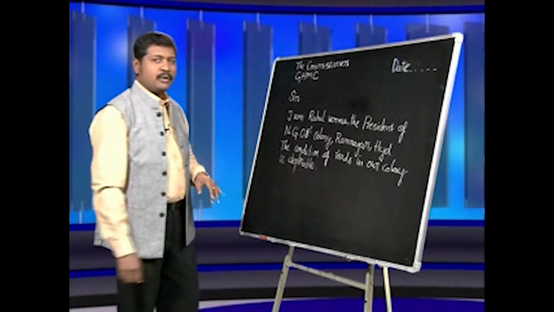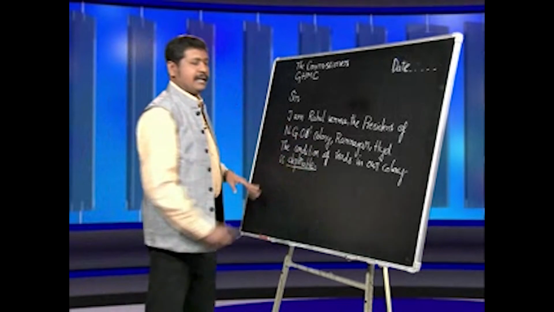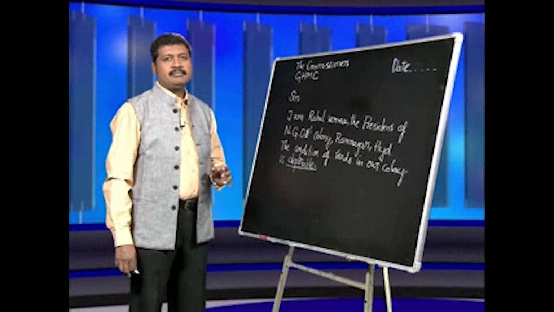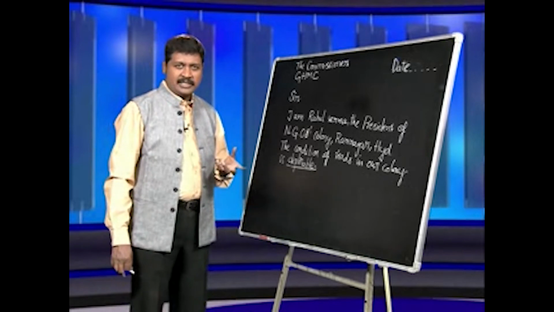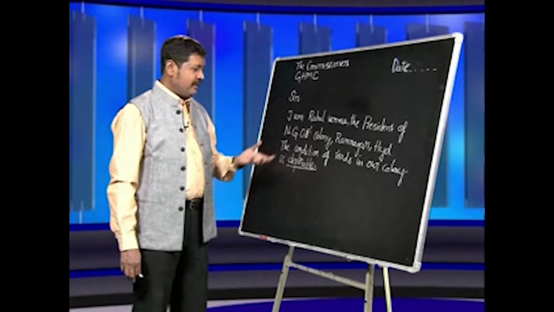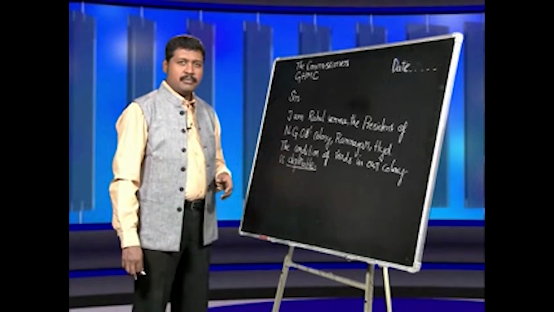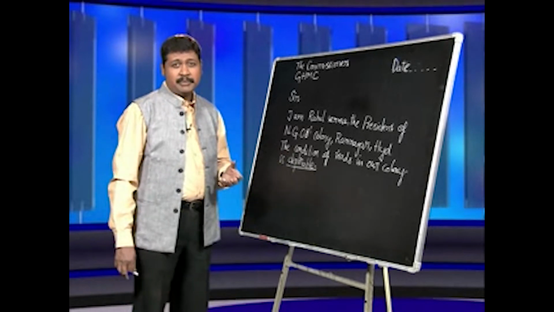So by the word deplorable, you have to use these kinds of words in letter writing. These are simple complaints, petitions, requests, because this is standard English, official English. And by the word deplorable, I mean to say it's in a pathetic condition, it's in a very bad shape.